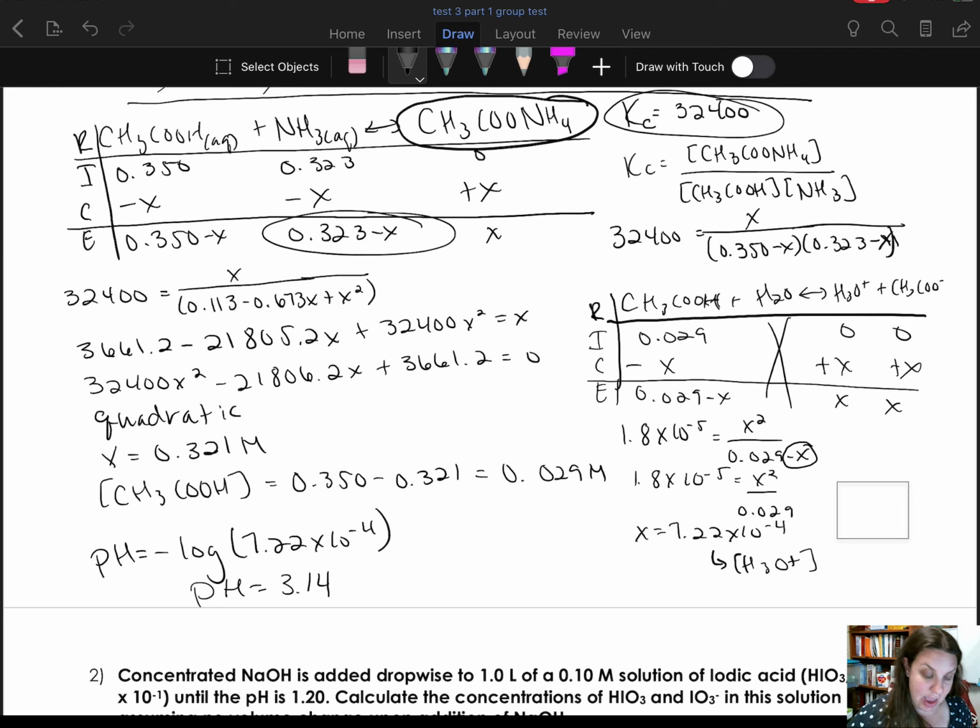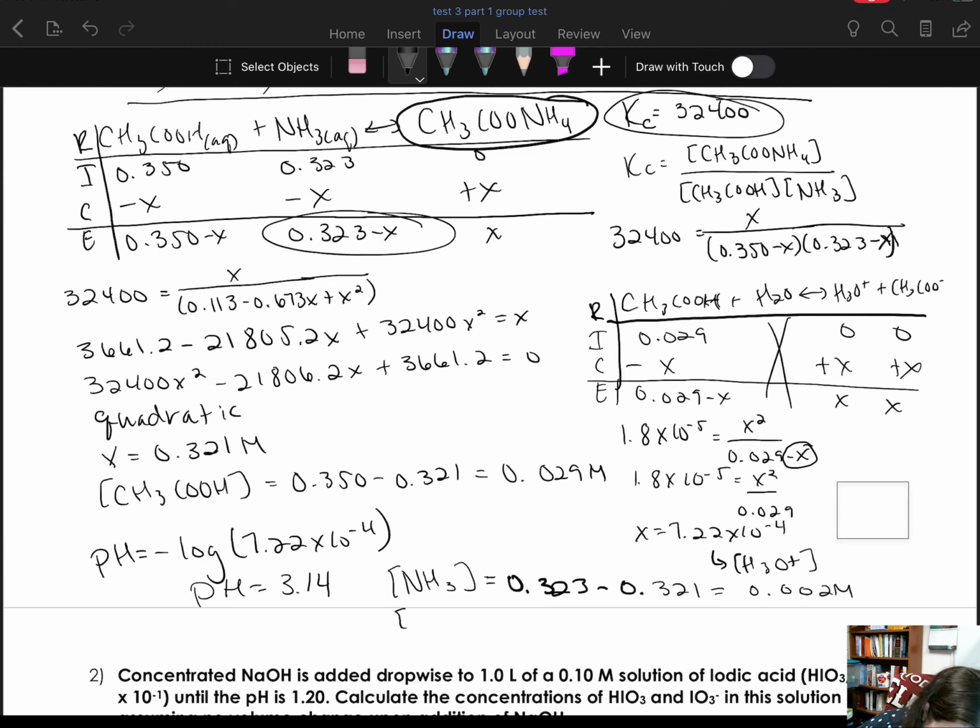And at equilibrium, we can make our ammonia concentration equal to 0.323 minus 0.321, which gives us a concentration of 0.002 molar.